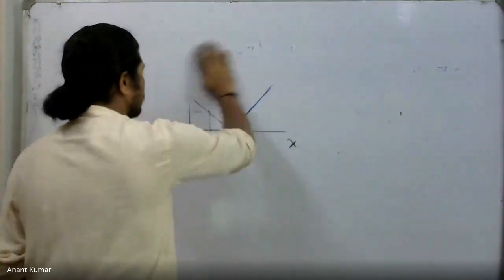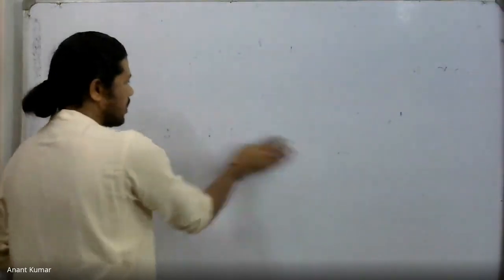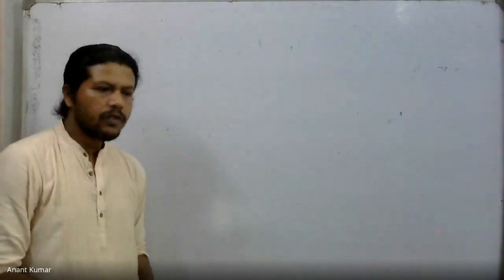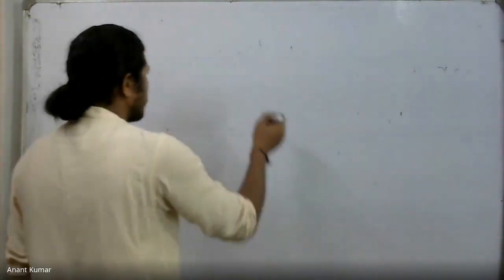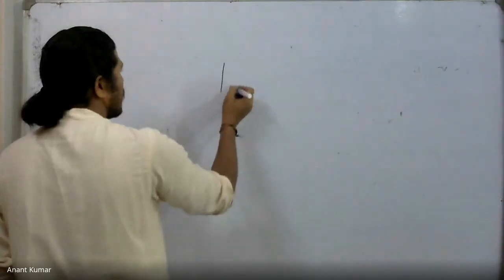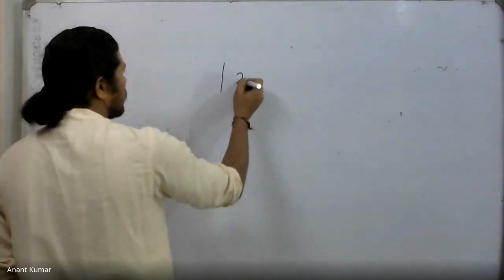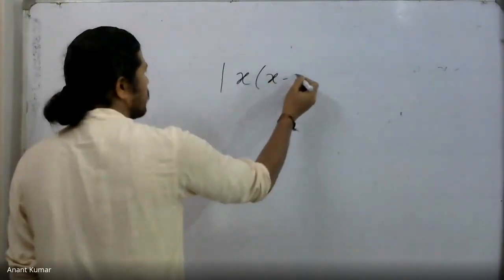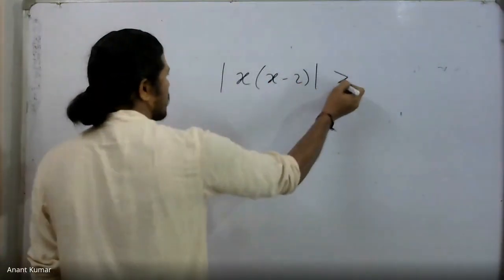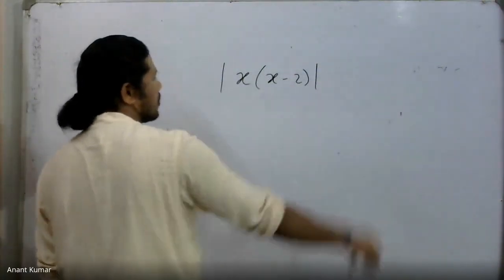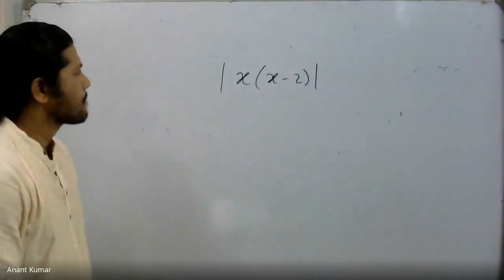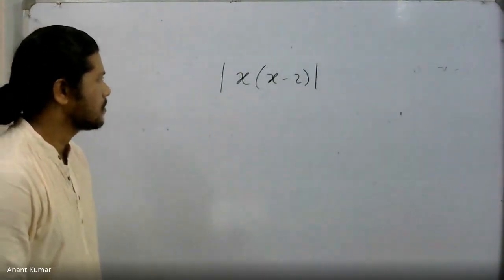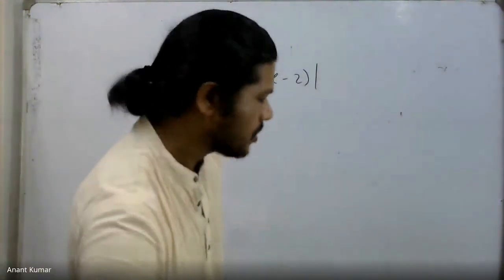What happens if I have an equation involving both x and y in mod? But right now, say for instance, I have an expression which involves a product. Say I consider something like mod of x into x minus 2 is more than or equal to... or I'll have to just change.